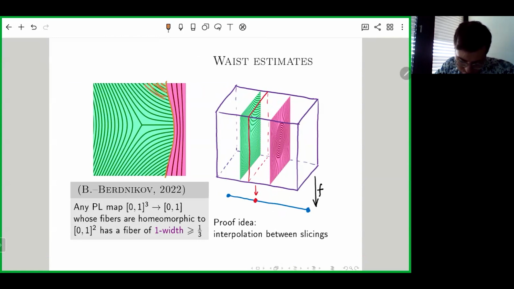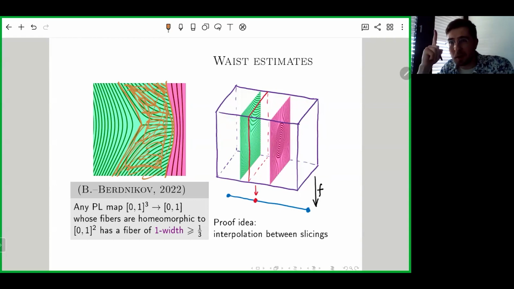Everything that touches this red frontier will be merged into the same fiber of the new map. So in this intermediate step, this whole orange area will be considered as one fiber, because there's no other reasonable way to interpret this picture as a slicing by a one-dimensional family of things.